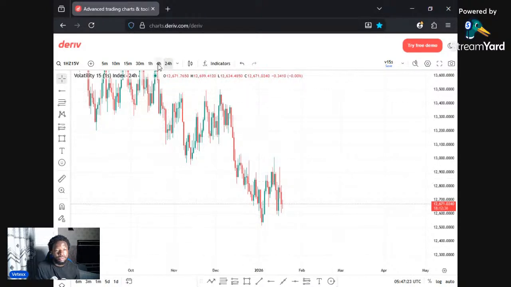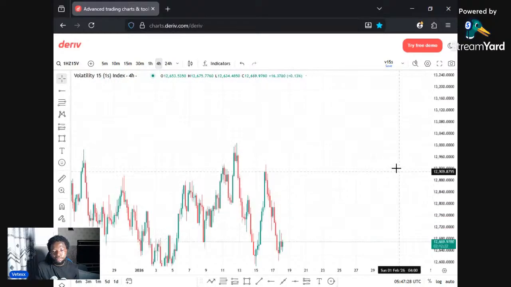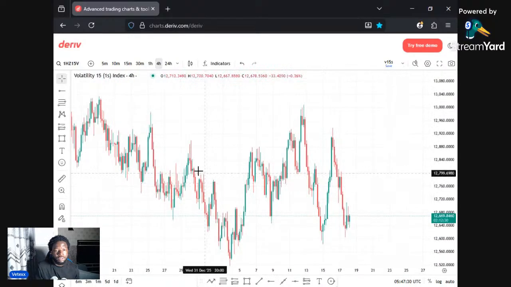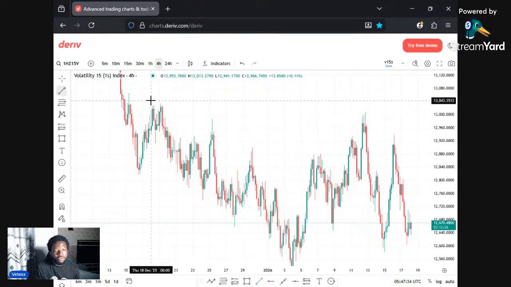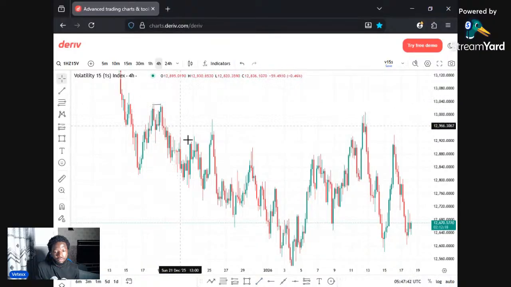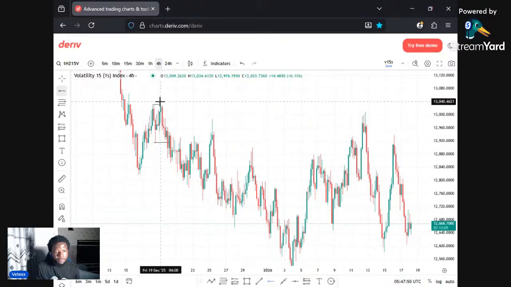What do we do next? We go to the 4-hour time frame and check if there's anything happening on the 4-hour time frame. So on the 4-hour time frame, clearly you can see that we have a sweep of liquidity right here. Our first break of structure, we have our protected high right here.